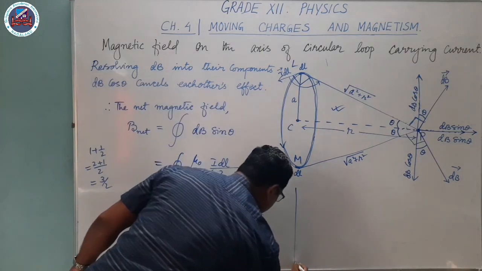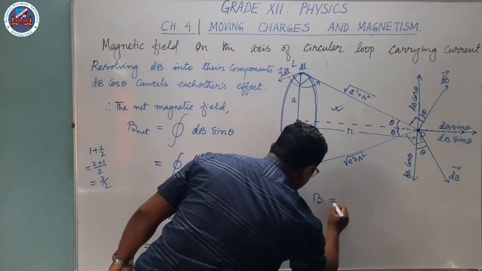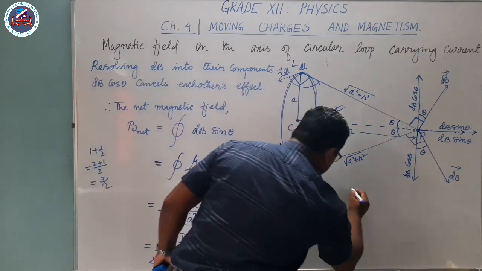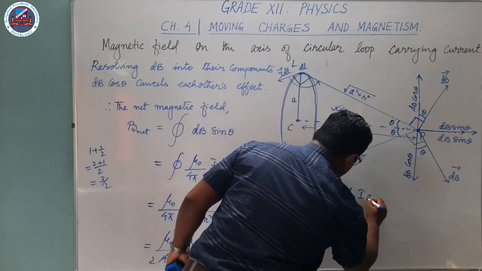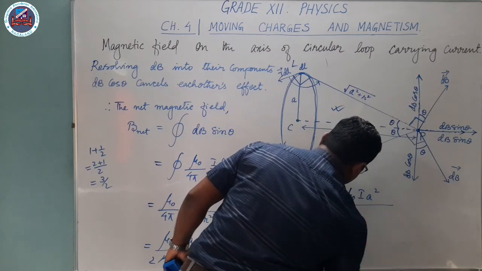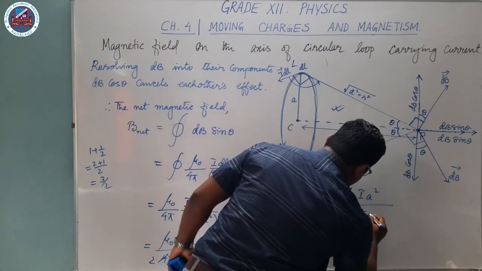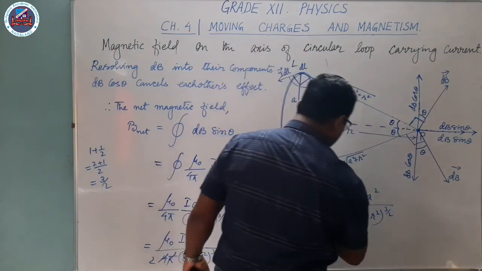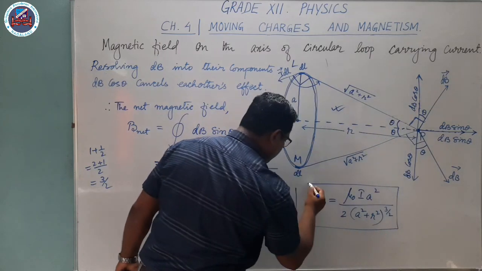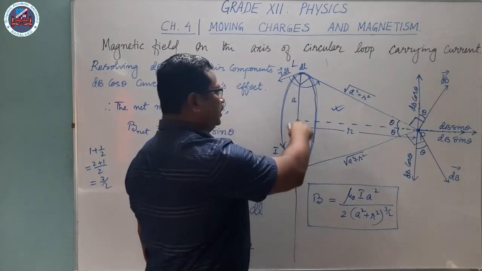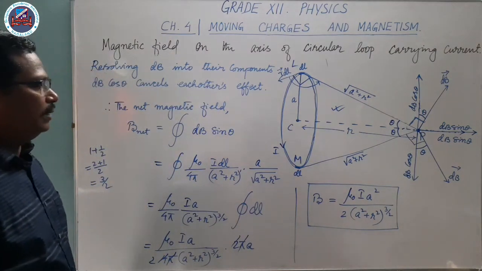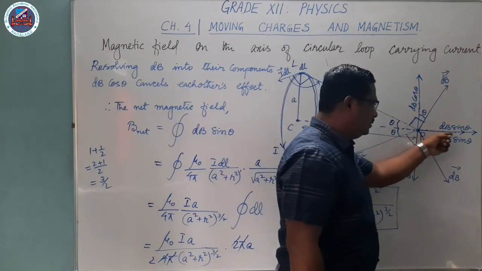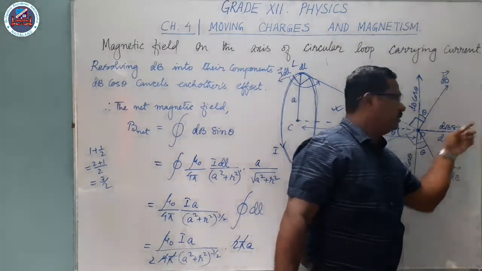So I write down the resultant magnetic field B at point P is A into A is A square. So it is mu naught I A square divided by 2 times A square plus R square to the power 3 by 2. So this is your resultant magnetic field at point P. This is the circular loop. And what is the direction? Then you can see very clearly that this direction only it will go, because all you added up, all dB components are going like this.